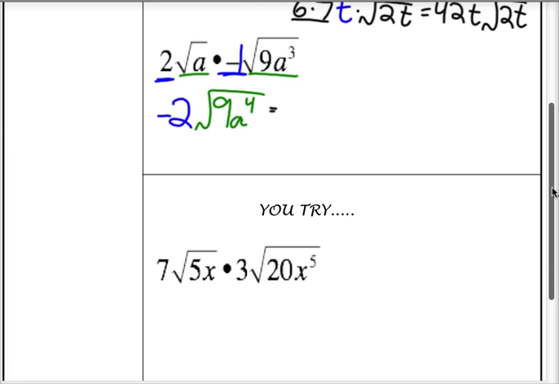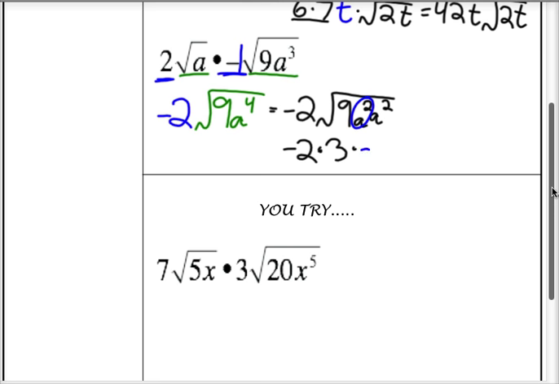All right, now, the cool thing about this is 9 is already a perfect square. And then a to the 4 breaks up into a squared and a squared. So we get -2. Square root of 9 becomes 3.